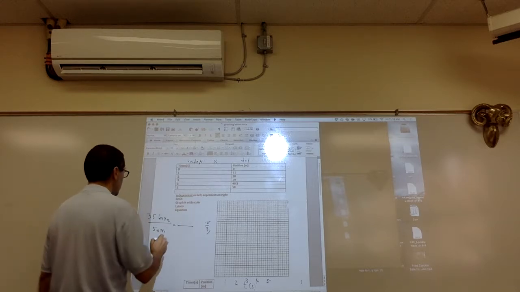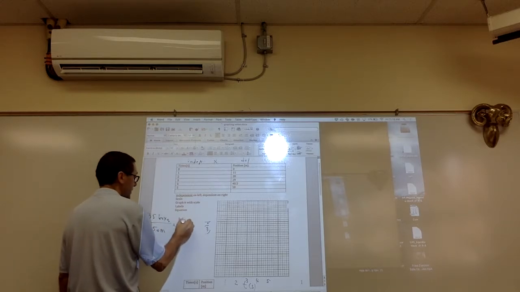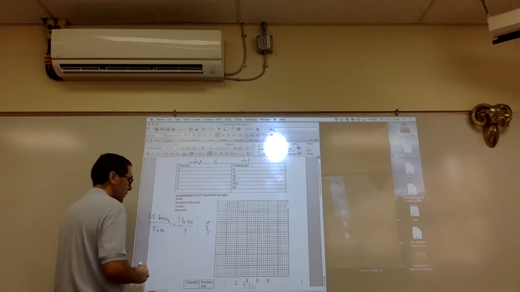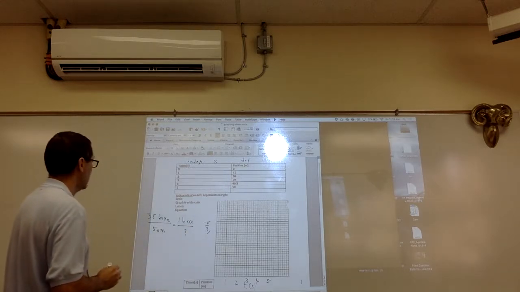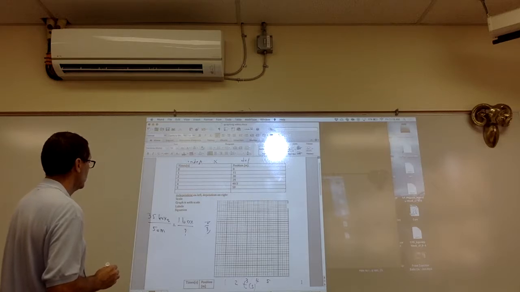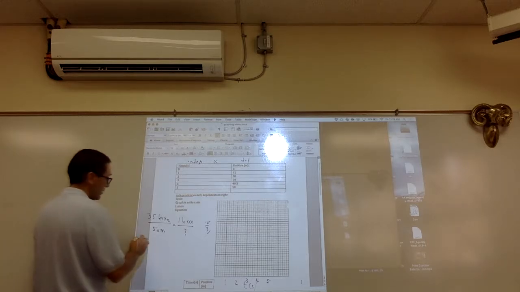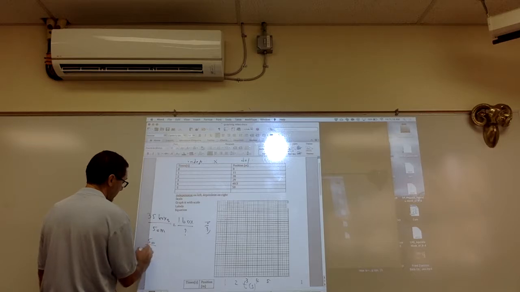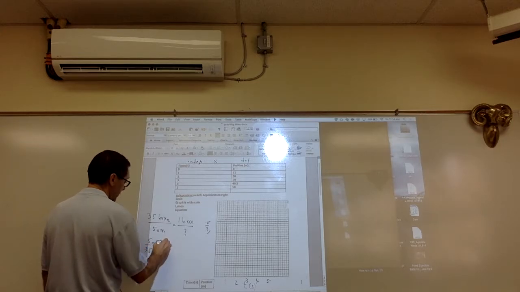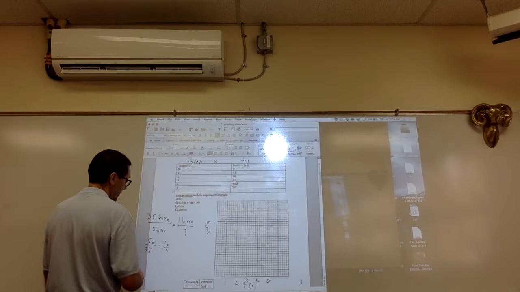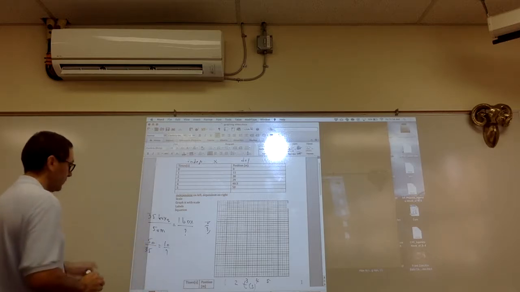Which means each box is worth how much? That's what we're trying to do. So each box is going to be worth 50 divided by 35, which is 10 over 7.